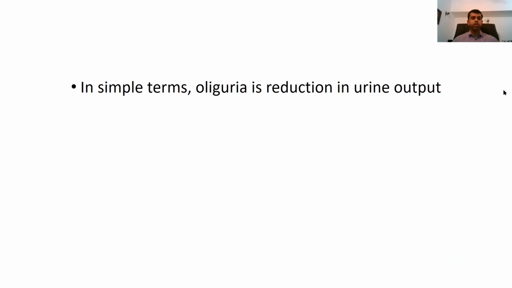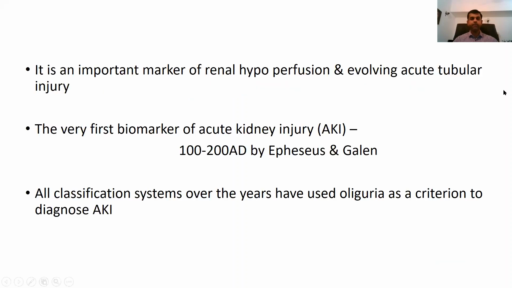So if you talk about oliguria in simple terms, it's a reduction in urine output. And it is an important marker of renal hypoperfusion and evolving acute tubular injury. And this is one of the very first biomarkers of acute kidney injury, which was found a long time back, even in 100 to 200 AD.